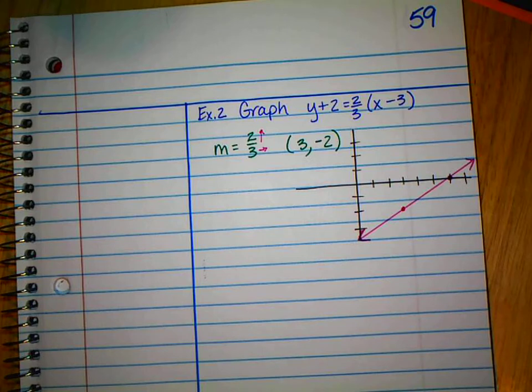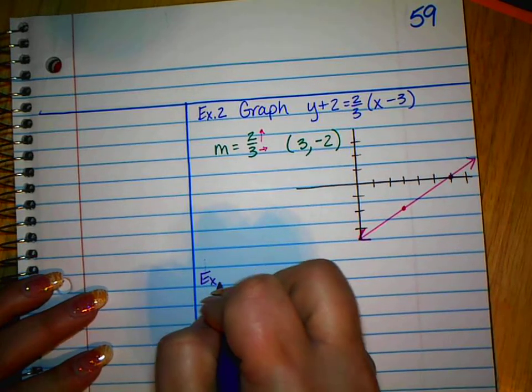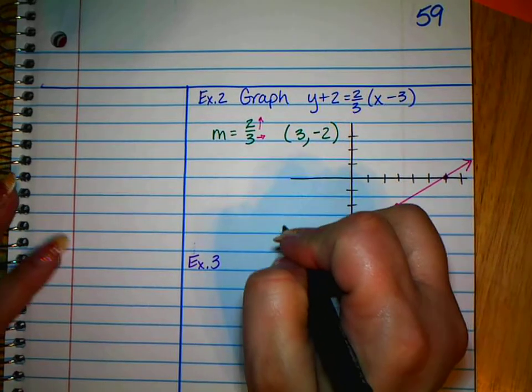Okay, so let's do example 3. Now example 3 is also coming from a graph. Okay, let me get this drawn.